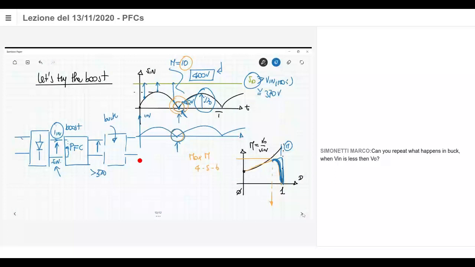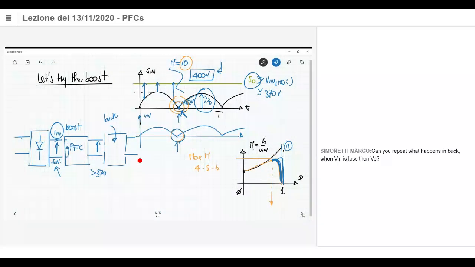But in this case, the boost that should operate at 370 volt, giving you 400 volt at the output, must also be used in the situation in which the input voltage and the input current are lower. So in that situation, you can get an M which is large enough. The other consideration is that the input current, as you can see here, is not negative.